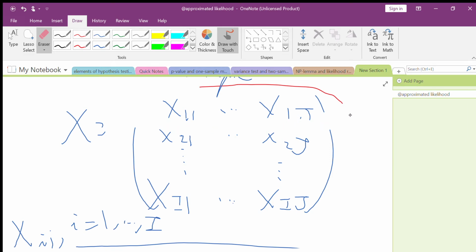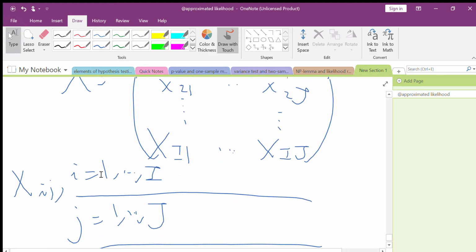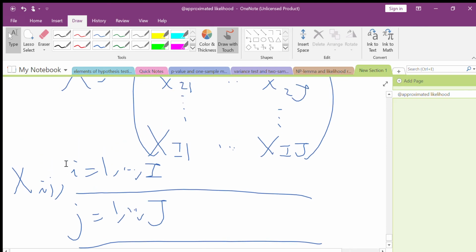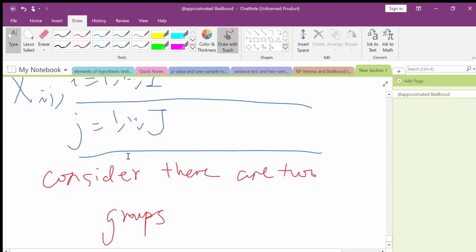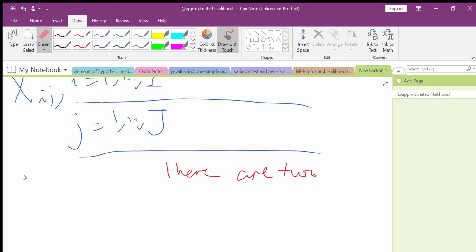Okay, let's make it more clear. So xij. Let's first write down the data generating process, again like what I have done for the previous example.